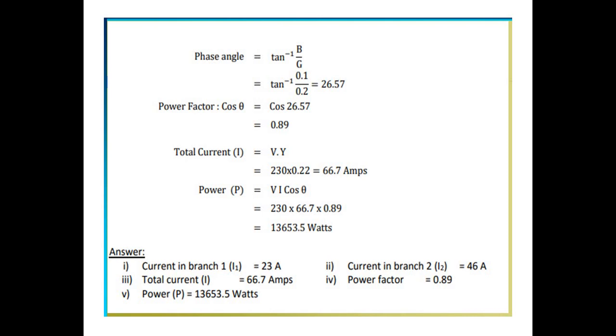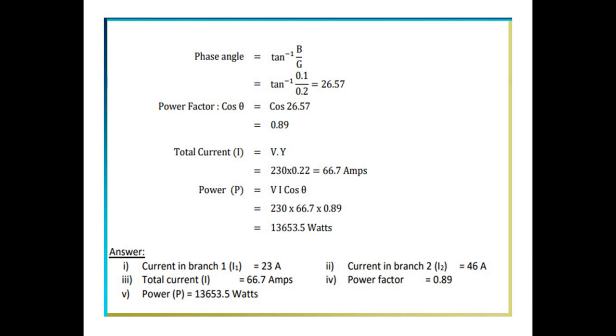And then total current I is equal to V into admittance, 230 into 0.22, is equal to 66.7 amps.